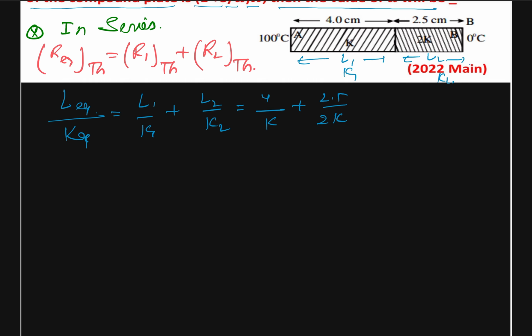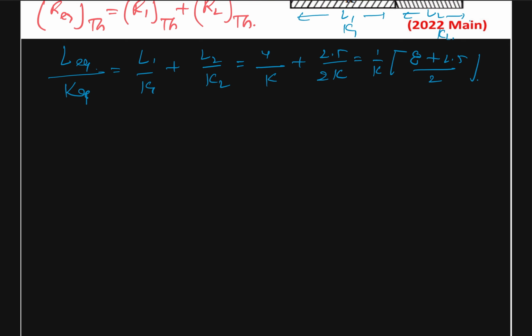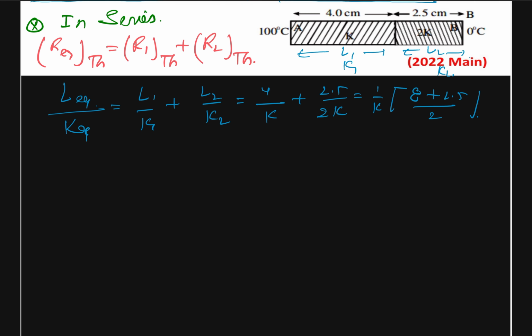We can take 1 upon K as common. So this will be coming as 8 plus 2.5 divided by 2. And L equivalent, total length, will be equal to 6.5, that is L1 plus L2.